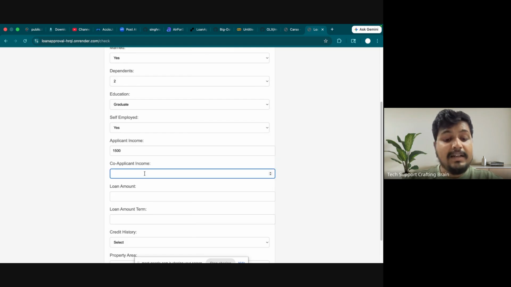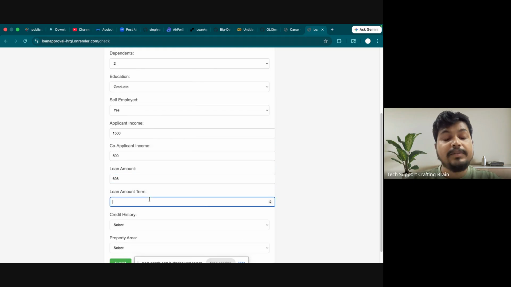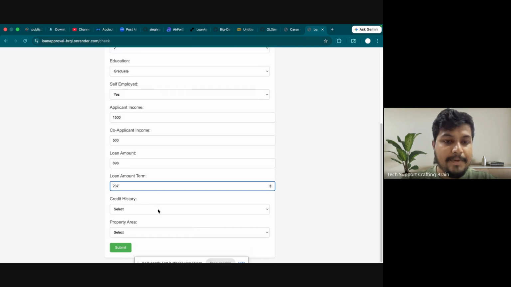The co-applicant income is $500 per month. Loan amount, he wants nearly $700 for the loan. And loan amount term, he wants it for, suppose, 240 months for now for the same loan. Okay, 240 months.